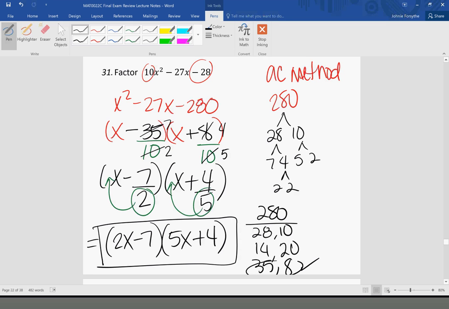And that's how I factor trinomials where the leading coefficient is not a 1. Like I said, you may have other methods, and that is completely fine. This is how I factor trinomials. Okay.